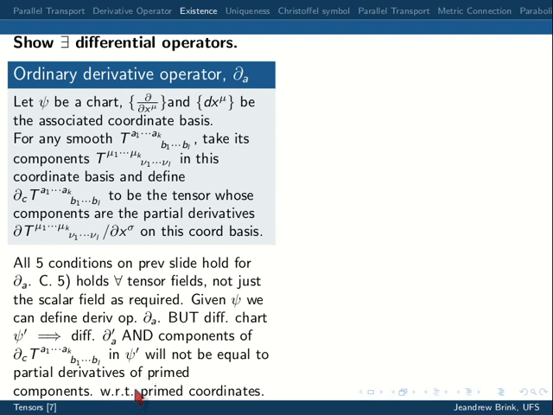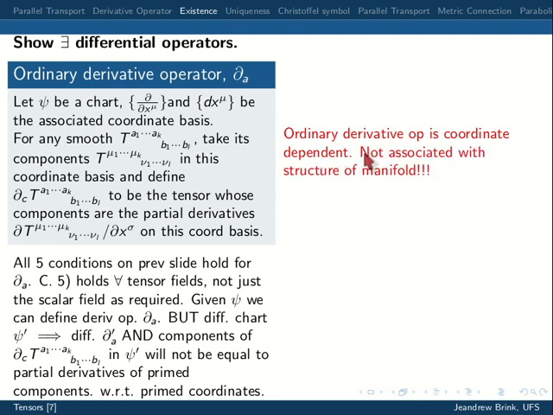Okay. So what we basically get is that our ordinary derivative operator is dependent on the chart and is therefore not associated with the structure of the manifold. So even though we can write it down, it doesn't capture something intrinsic to our manifold, and we actually want a derivative operator that does that. So what we're going to do is find out how unique it is.